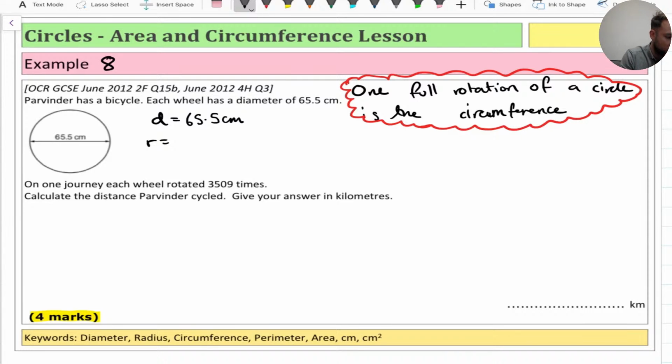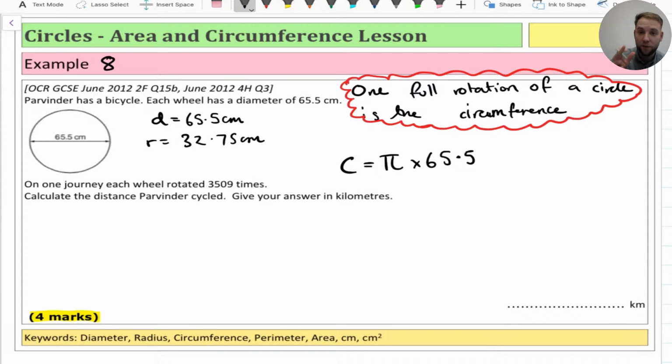My radius would be half of that, which is 32.75 centimeters. So my circumference is equal to pi times 65.5, like so.